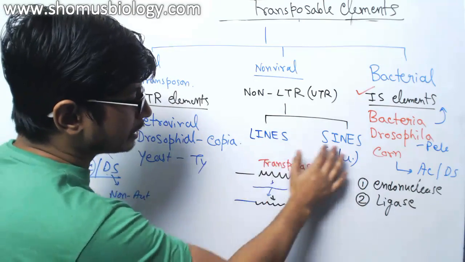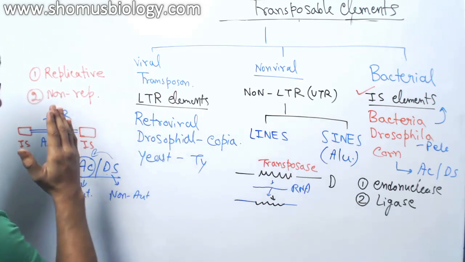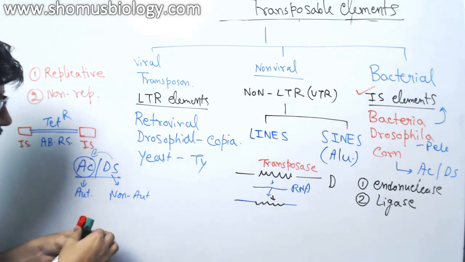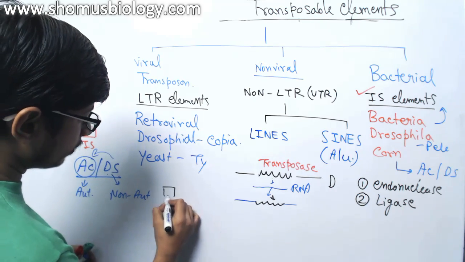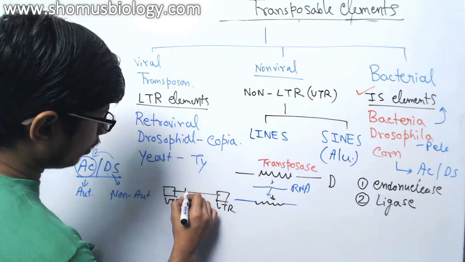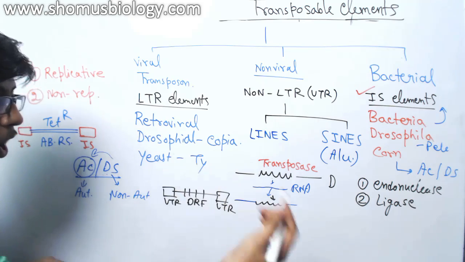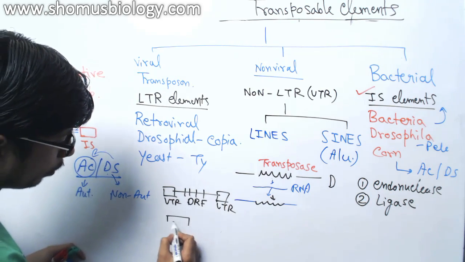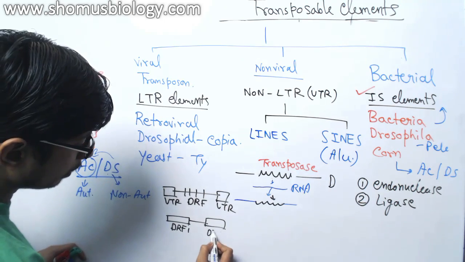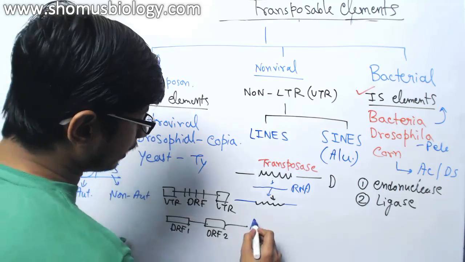But in all these cases, they contain a specific type of structure which is different from both the viral elements and LTR elements, because they can either have UTR at both ends and the reading frames in the middle, or they also have different ORFs, reading frame 1, reading frame 2, and they also have a poly-A tail.